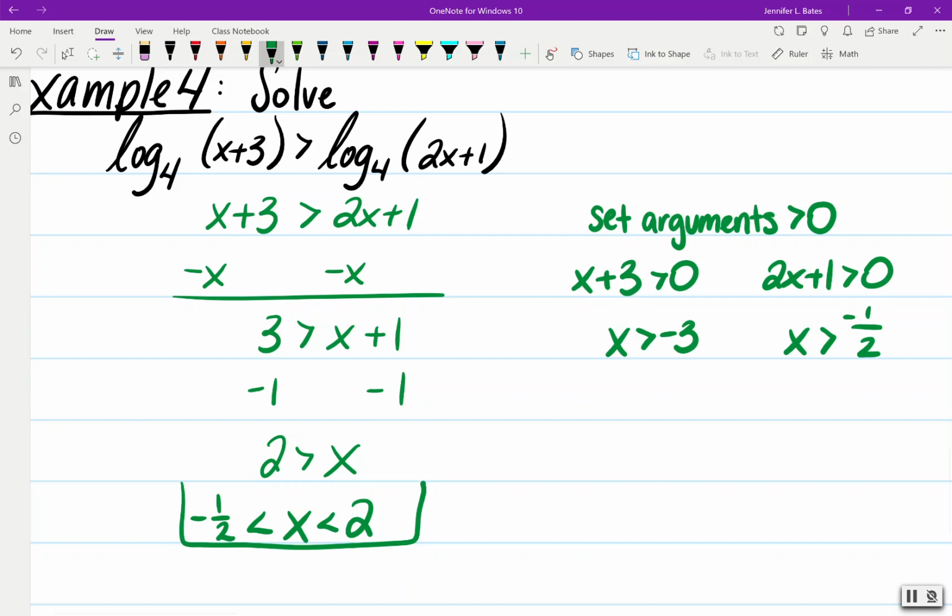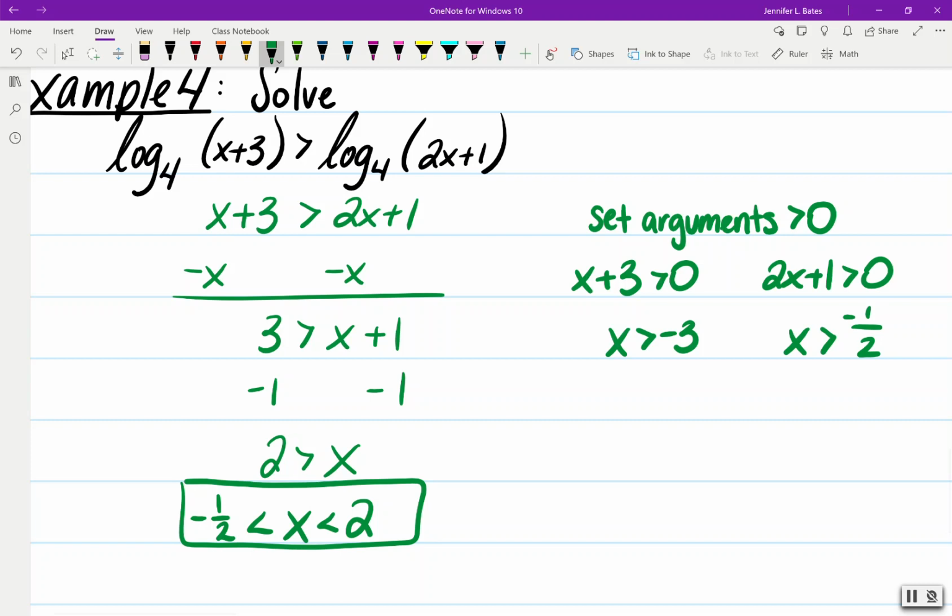The reason why we want negative 1/2 is because if a number is bigger than negative 1/2, say 1, is 1 bigger than negative 3? Yeah. So a number bigger than negative 1/2 is also bigger than negative 3.